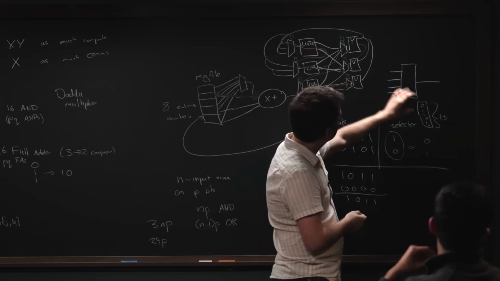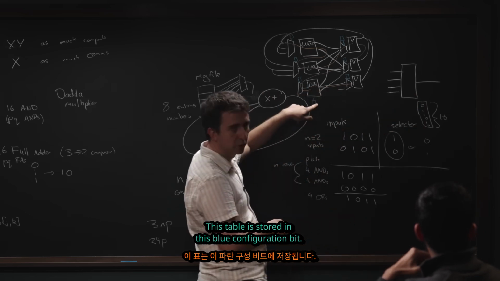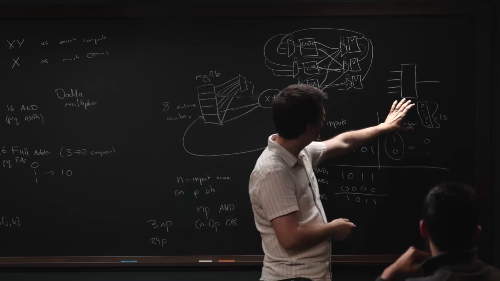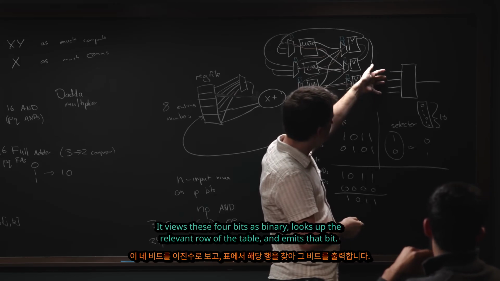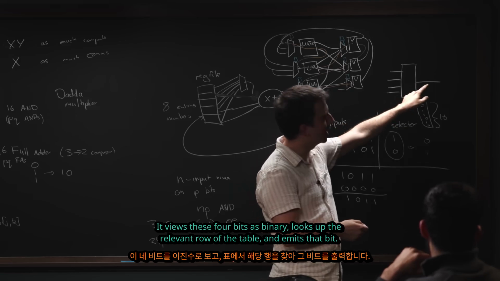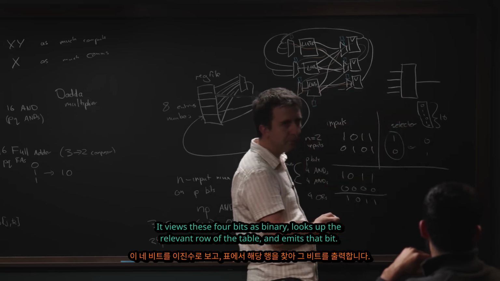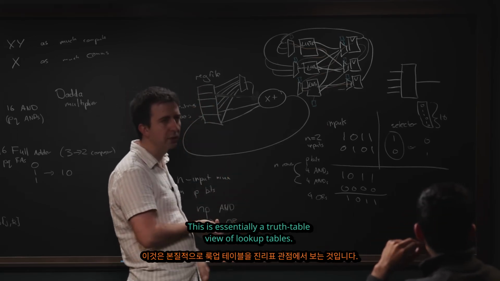And so what it does is this table is stored in this blue configuration bit, and then it views these 4 bits as binary, looks up the relevant row of the table, and emits that bit. So this is a truth table view of lookup tables, essentially.